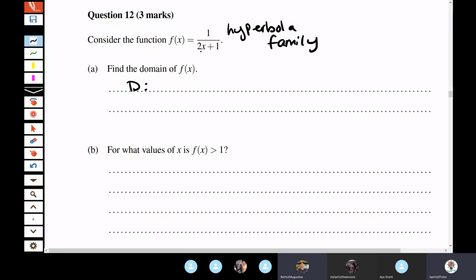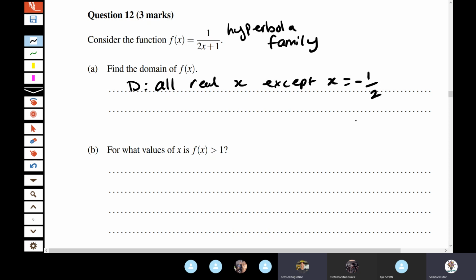It's all real x except a half. Wait, no, wait. Is that right? I'm not too sure. Is it a half or is it 0? It's a half, right? No, it's negative half. Yeah, I guess. There we go.